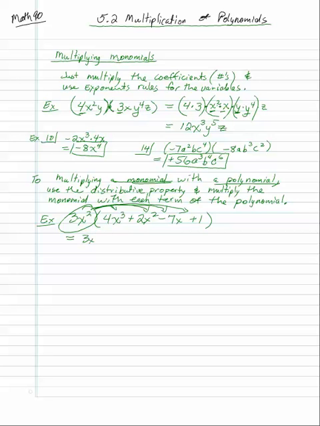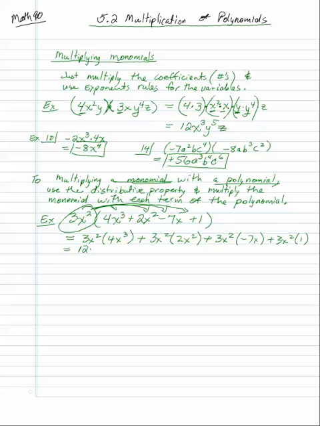3x squared times 4x cubed, and again you wouldn't write that, you would just write the answer. 3x squared times 2x squared, 3x squared times negative 7x, 3x squared times 1. And you would get, remember, numbers, letters, numbers, letters.